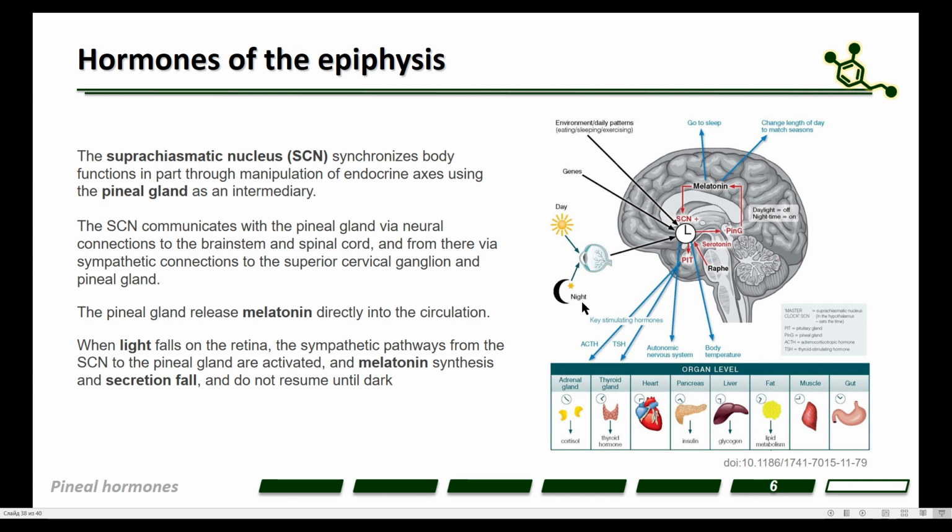So during the night, when no light comes to the retina, there is no activation of sympathetic pathways, so melatonin production will keep on going. Actually it's an alternating production of melatonin and serotonin, which is quite sensitive to changes in length of the day, seasonal changes, or the amount of sleep which you might get. So that covers the pineal gland, circadian rhythms and the biological clock of the body.